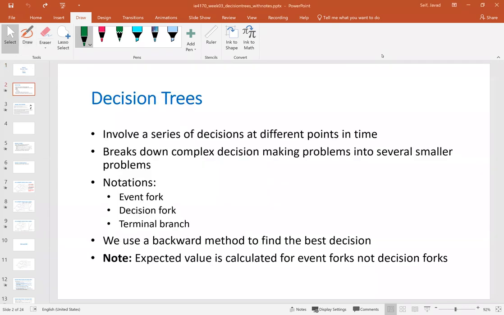Trees are tools that help us break down complex decision-making problems that involve a series of decisions over time. For example, let's say I want to buy a new car, right? And I'm deciding between not buying a car or renting, buying let's say a Chevy, and buying a Tesla, which is an electric vehicle.